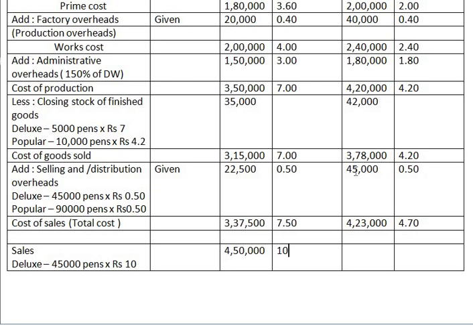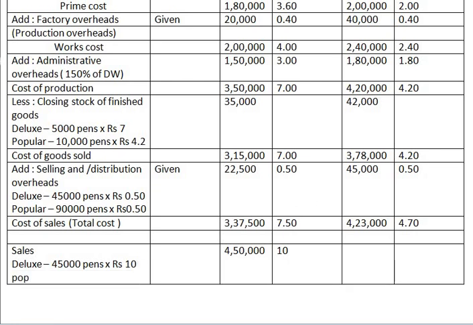Here it is rupees 10. Now here it is popular, 90,000 pens into rupees 7 per pen. 6,30,000. That is 7 rupees.